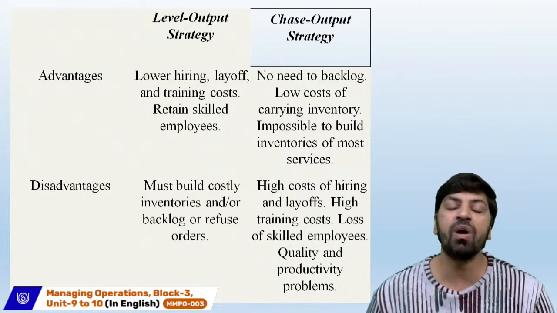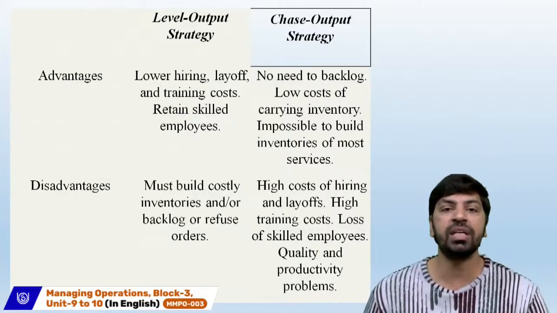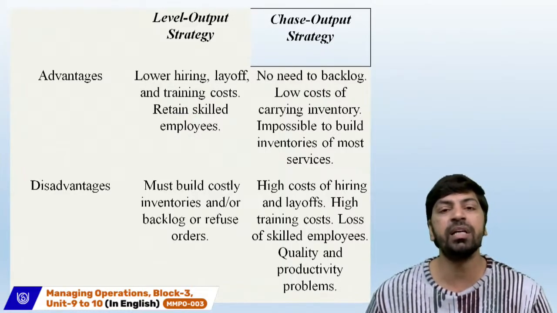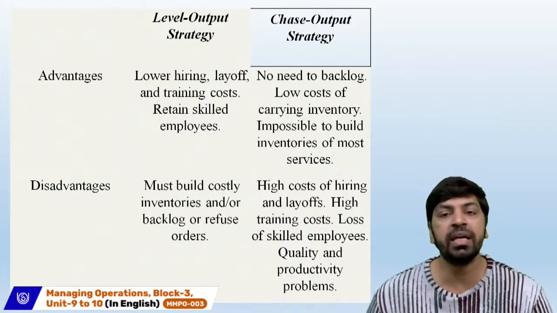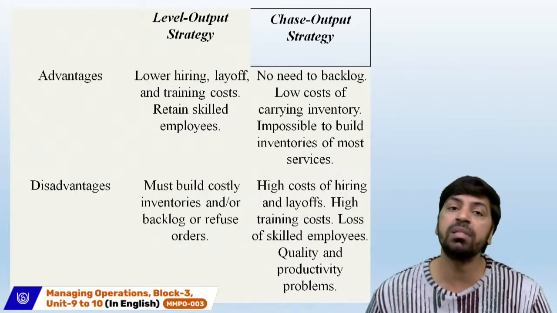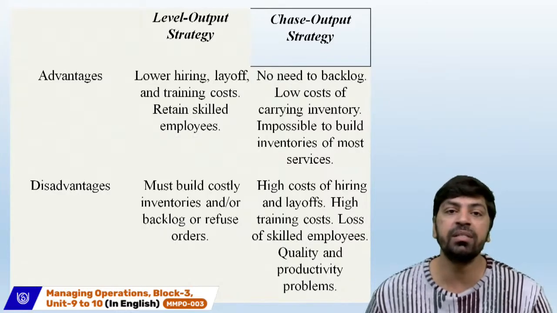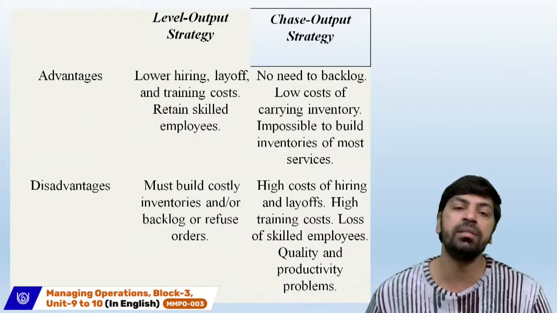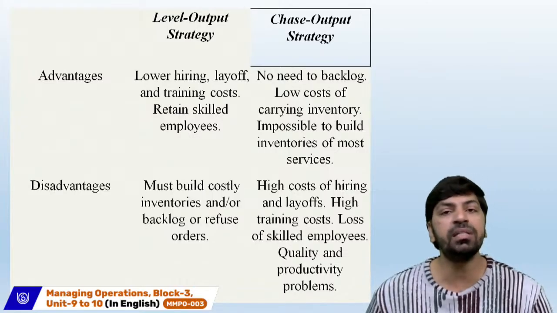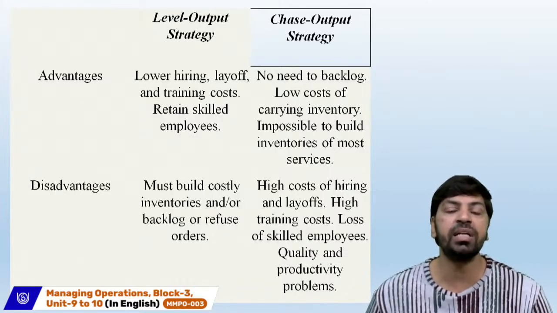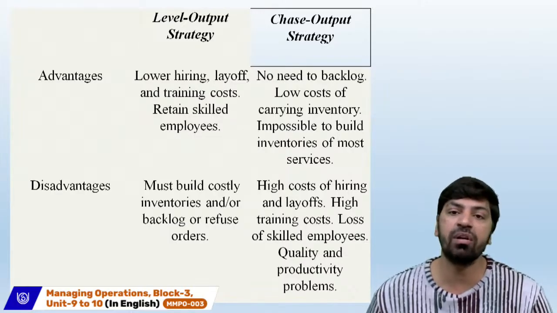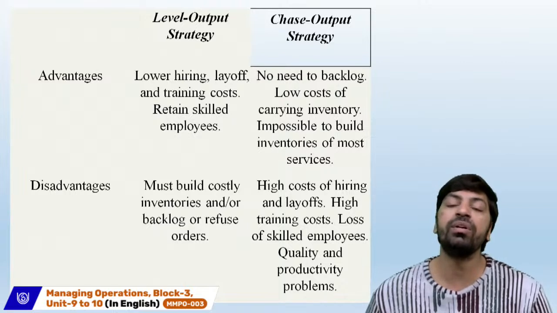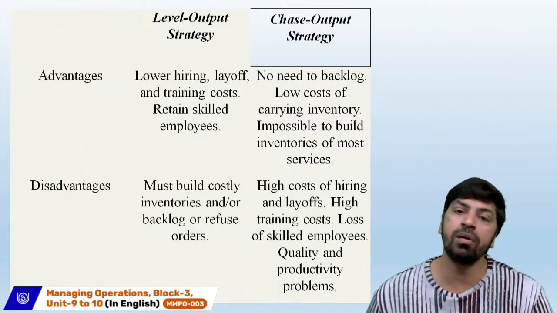Now the few disadvantages of both strategies. The first one, the level output strategy, is very costly, and it also involves costly inventories and backlogs, or refused orders at times. But the chase output strategy incurs a very high cost of hiring and layoff, and it also involves high training cost as well.